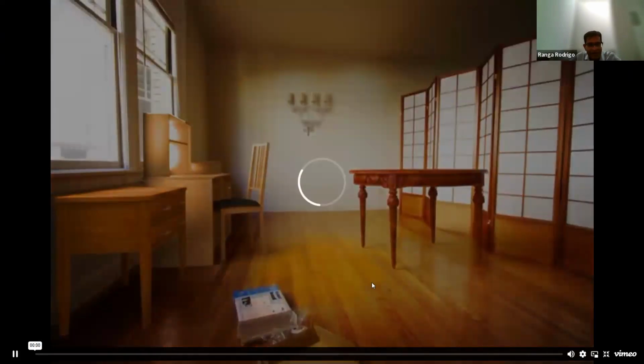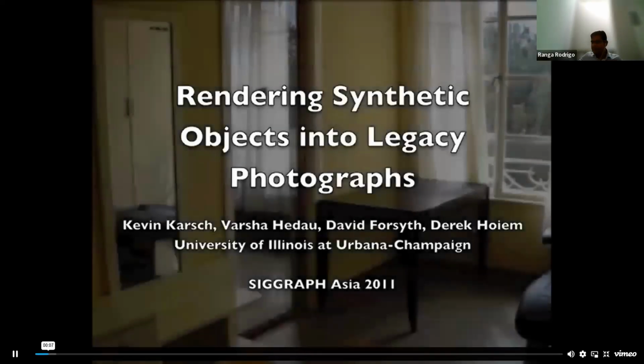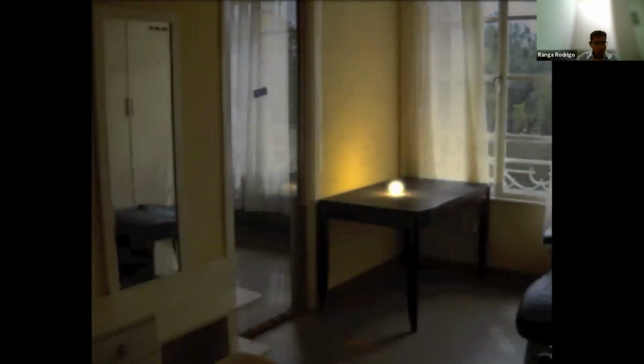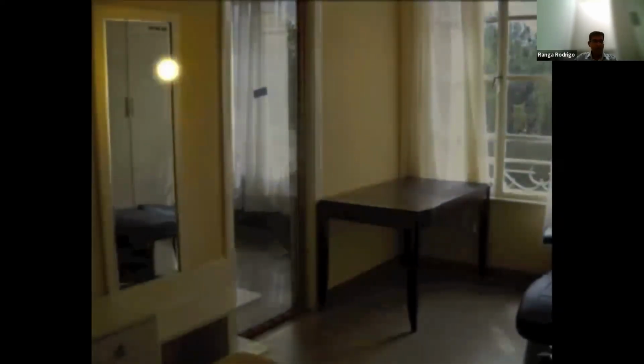In this video, we describe a technique for inserting objects into images without requiring access to the scene, multiple photographs, special equipment, or any other aid. Here, a synthetic glowing sphere illuminates the room, reflecting in mirrors and casting shadows.